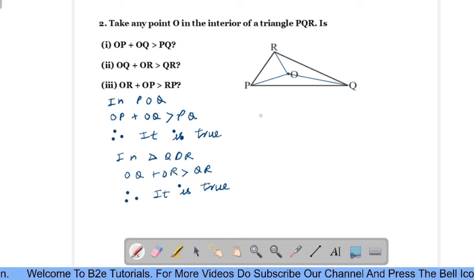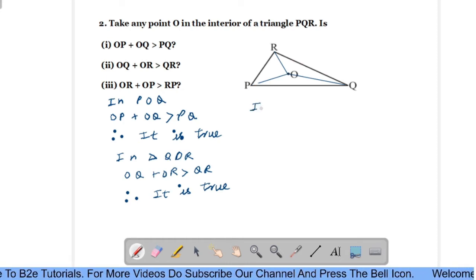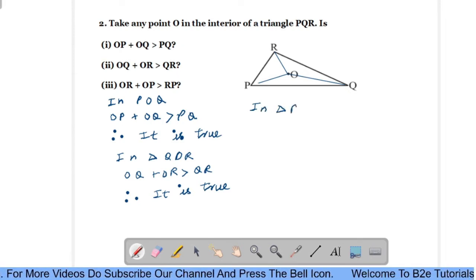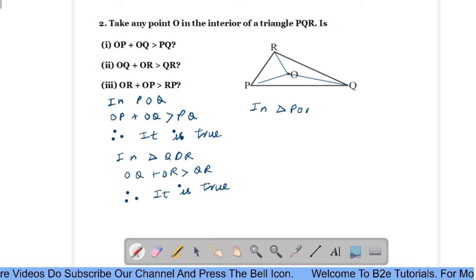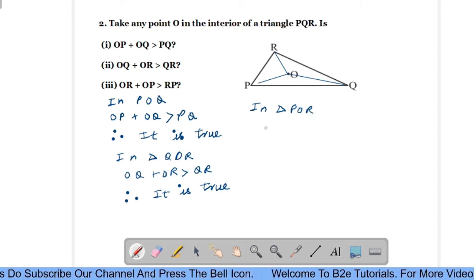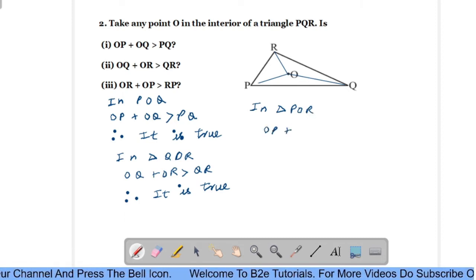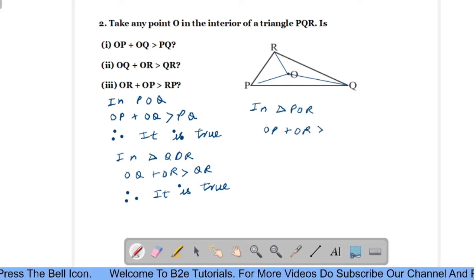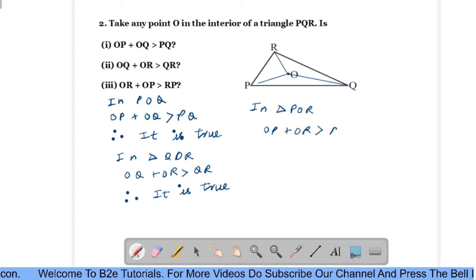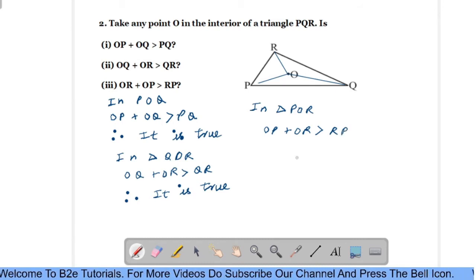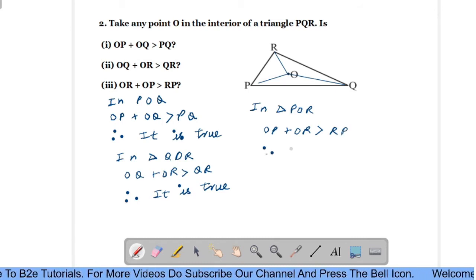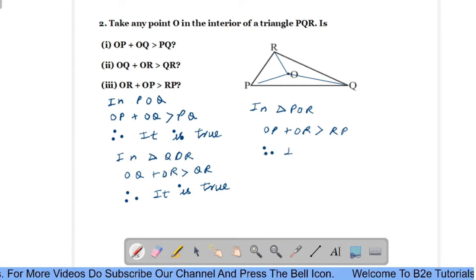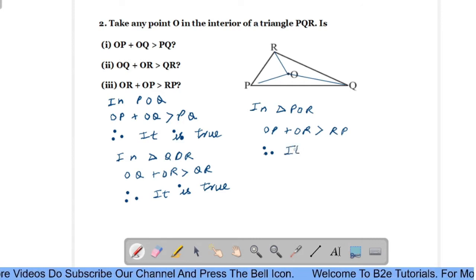Now for third part, in triangle POR, OP plus OR is greater than RP. Therefore, it is true.